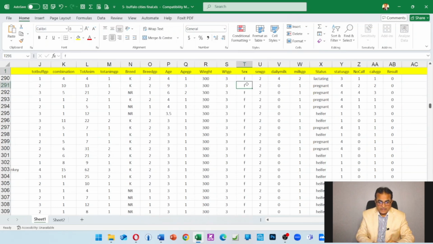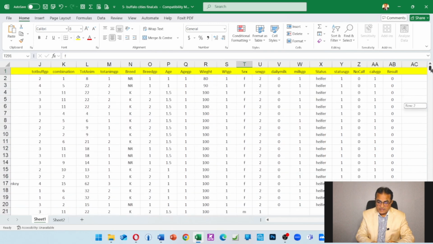How to enter the data? You can see from here. Top row is variable. There is no space between the letters written. Okay, total animal group. This is how you should write. The alphabet has to be 8, not more than 8. Try writing not more than 8.